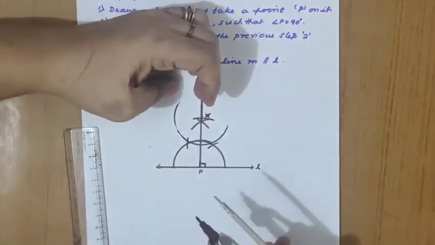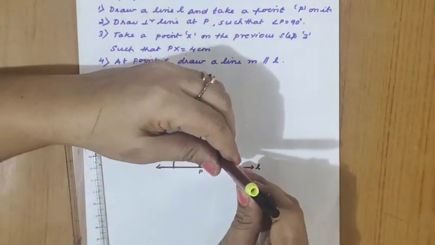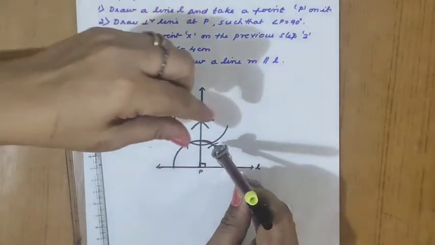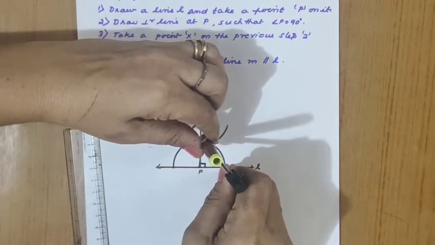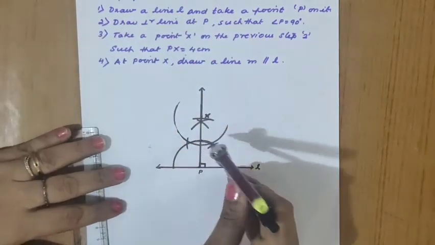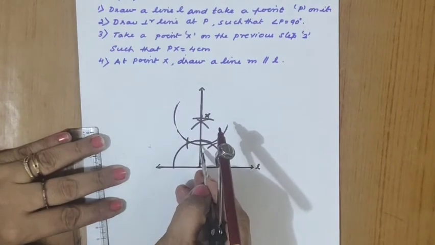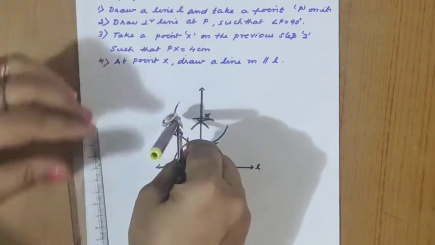Okay, so it will cross that one, that is not a problem. Now what is the next one? This radius to be taken. Measure the radius in your compass. Okay, now where is the center? Where this arc came, that will be our center, and using this we have to cut here.